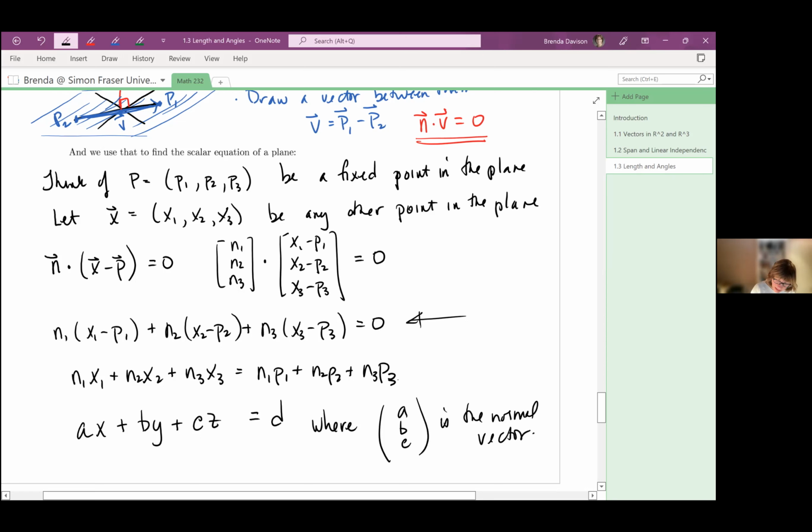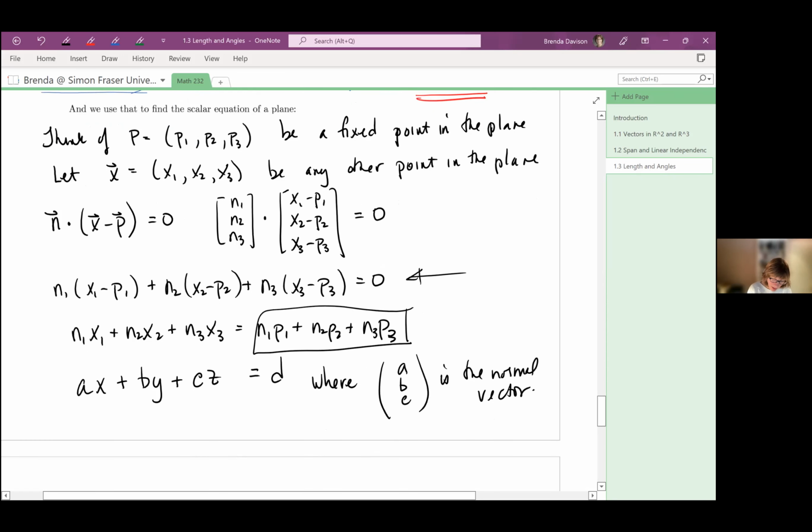In this case, D is this product and sum right here. So what we've got is the standard or the scalar equation of the plane.